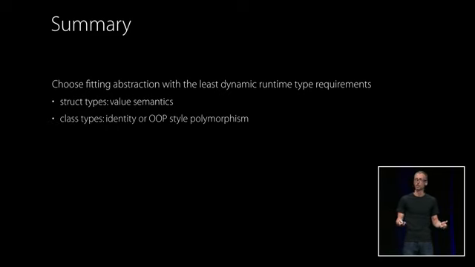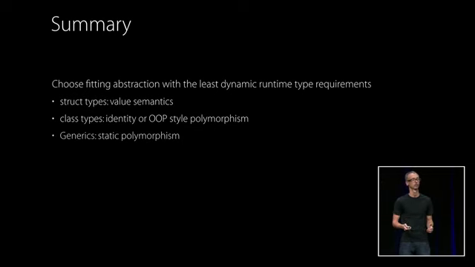If you need to use classes because you need, for example, identity, or you're working with an object-oriented framework, Kyle showed us some techniques on how to reduce the cost of reference counting. If parts of your program can be expressed using a more static form of polymorphism, you can combine generic code with value types, and again, get really fast code, but share the implementation for that code.